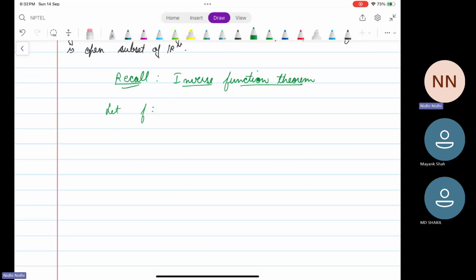Suppose f is a function from U to F. Suppose this is a subset of Rn and this is some Rm.